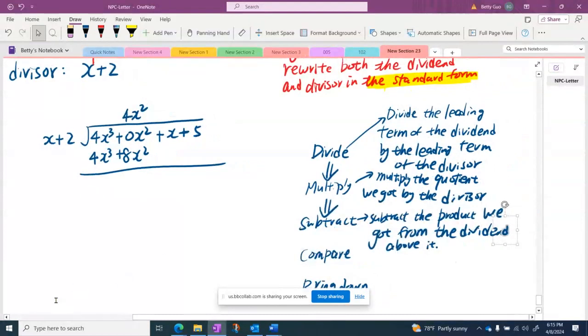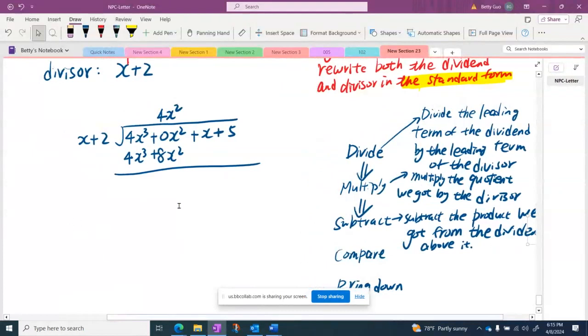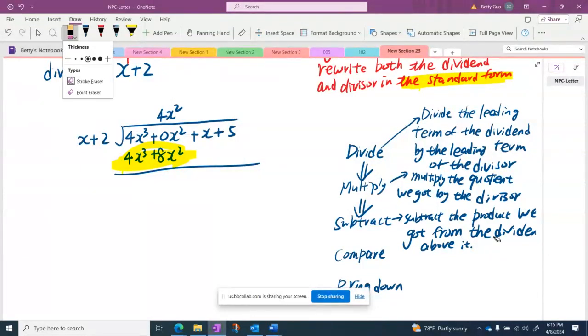I think it's clear, even if it's not grammatically perfect. We are going to subtract the product that we just got, the yellow, from the dividend above it. Actually, from the terms above it. Let me fix it. From the terms in the dividend. From the terms above it.